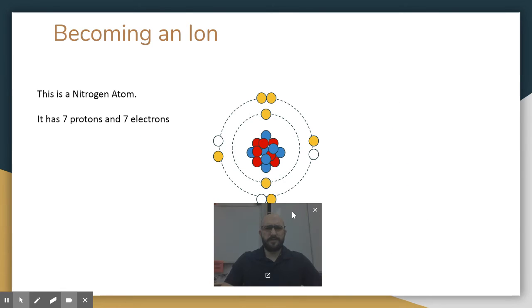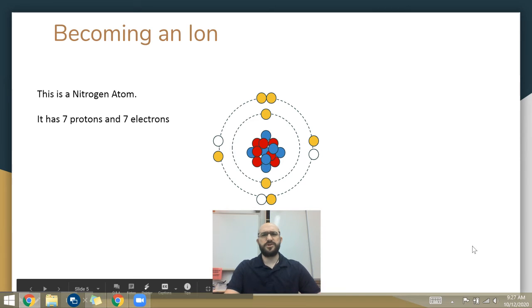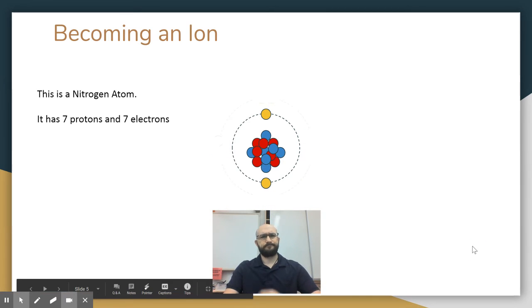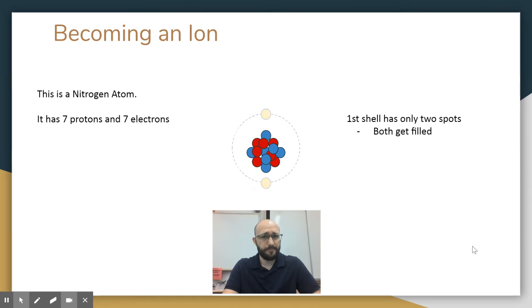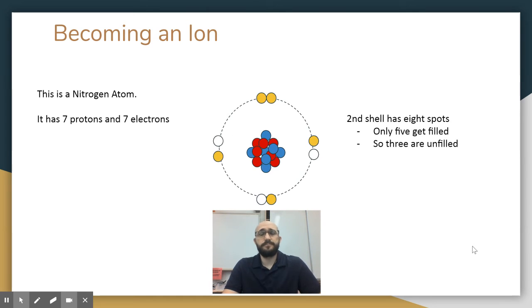All right, so now let's look at this nitrogen atom. Okay, it has 7 electrons. The first 2 go in the first shell as before. Then I got 7, which means I have 5 more I got to do something with. So I got to put them in the second shell.